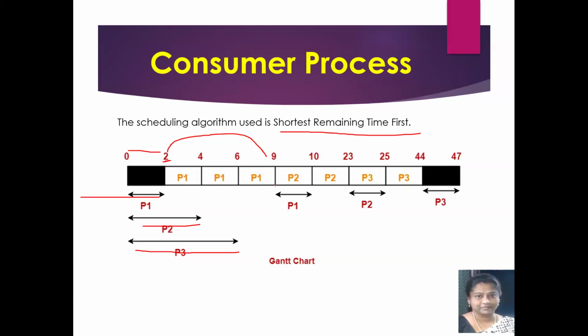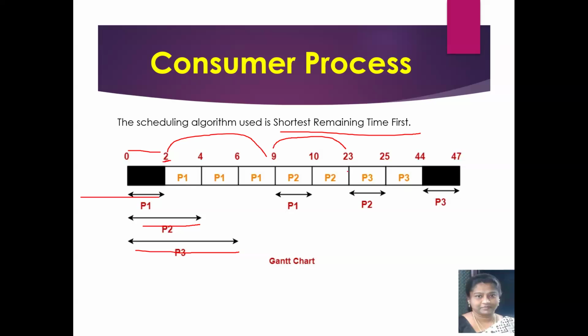But from 9, P2 will start its execution. From your table, the total time for P2 on the CPU is 14. So what is 9 plus 14? You get 23. So up to 23, P2 will be executing on the CPU.